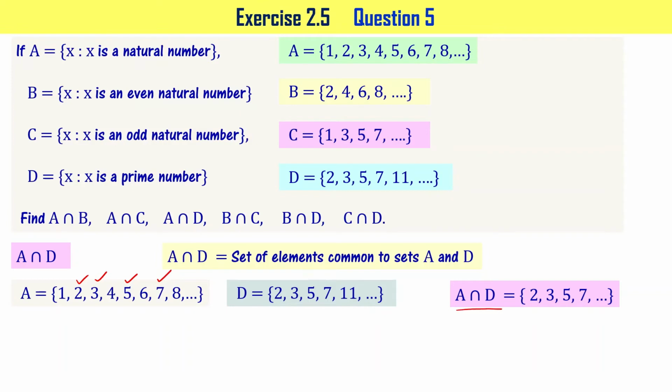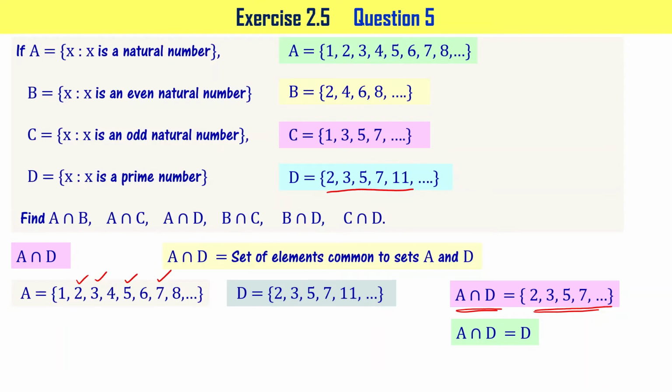A intersection D is 2, 3, 5, 7 and so on. Now, we can say that A intersection D is equal to D, right? As you see here, these are prime numbers. That's what exactly we got even when we found A intersection D, right?